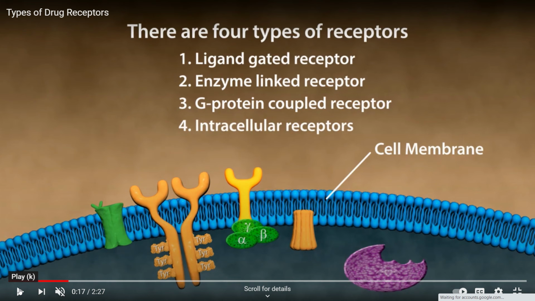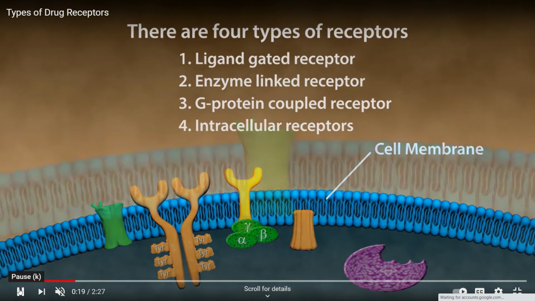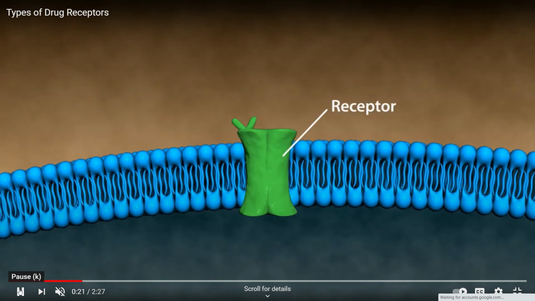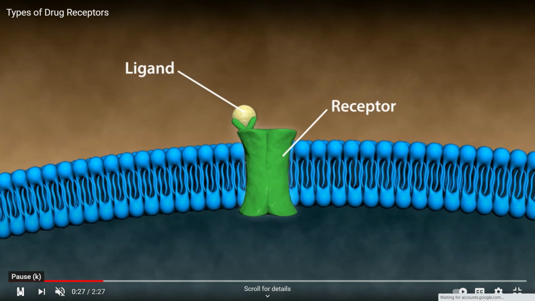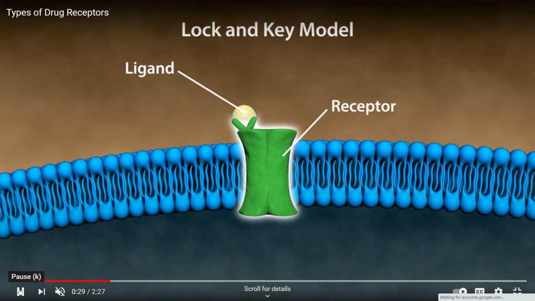A particular receptor has a specific site to bind to molecules or ligands. This is called the lock and key model.